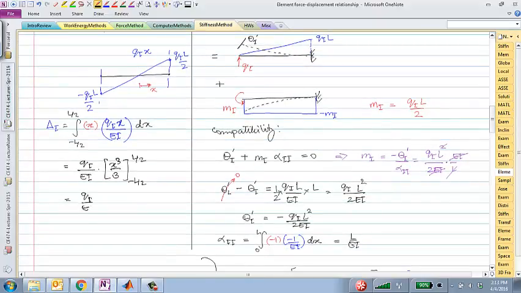QI over 3EI, let's say, and L cubed over 8 minus minus L cubed over 8, which equals QI L cubed times 2 over 3 EI divided by 8.